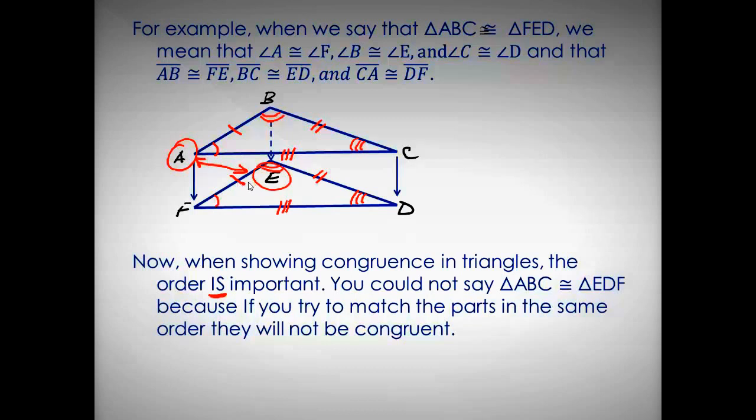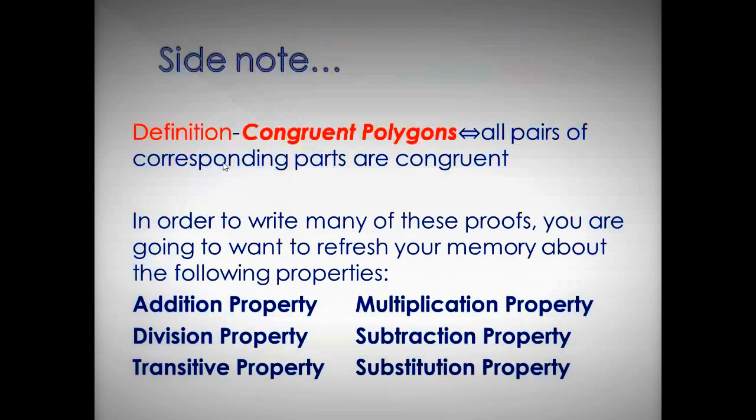It's not the same triangle anymore. So the order does matter. Make sure that you're lining up the congruent parts with each other. And as a little side note, the definition of congruent polygons is that all pairs of corresponding parts are congruent. Like say squares, there would be 4 sides and 4 angles that were congruent.